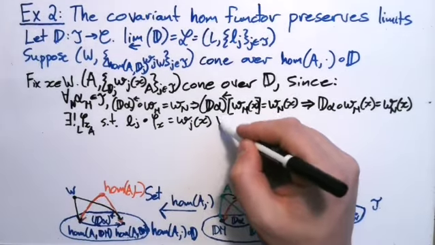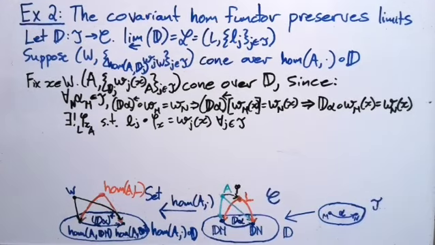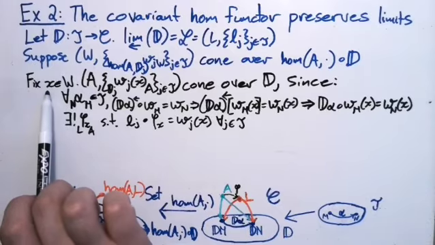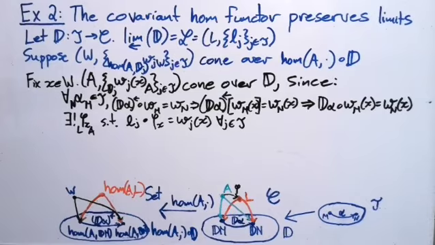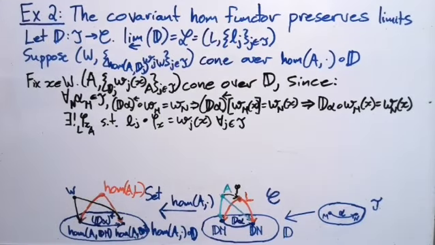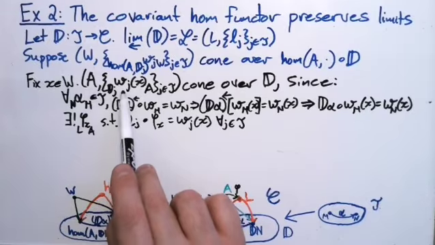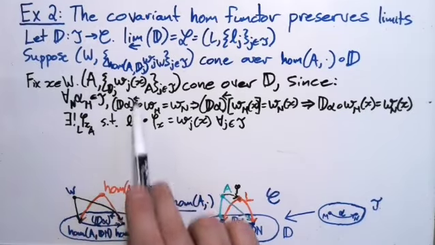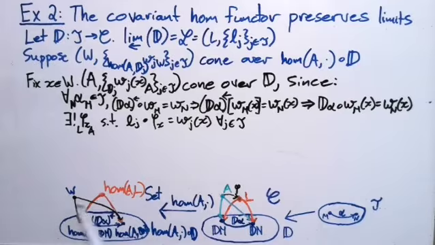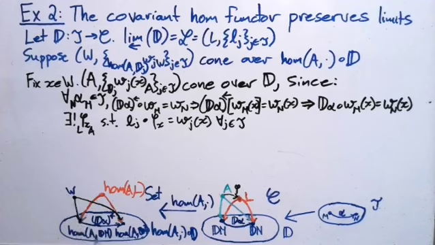And that applies to all of the legs for all j. So what we have is that for any x, if we pick one x in W, we can find one unique mediating morphism phi that makes this commute based off this construction here, right? This is all of the legs of this cone, which are the specific morphisms that get picked out when we apply x and follow it into each of these home sets.